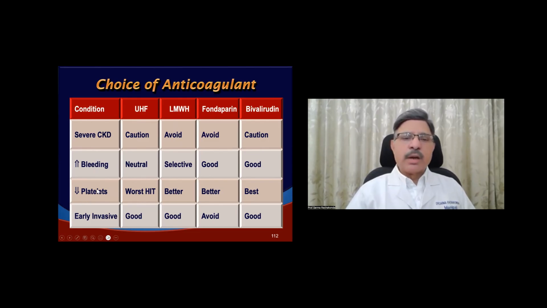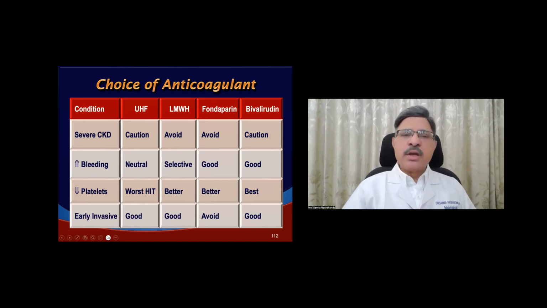If there is already thrombocytopenia, HIT is heparin-induced thrombocytopenia. Don't use heparin. If there is thrombocytopenia, better you give LMWH or fondaparinux. Best is bivalirudin. For early invasive treatment, these are very good; avoid fondaparinux, and bivalirudin also is very good.